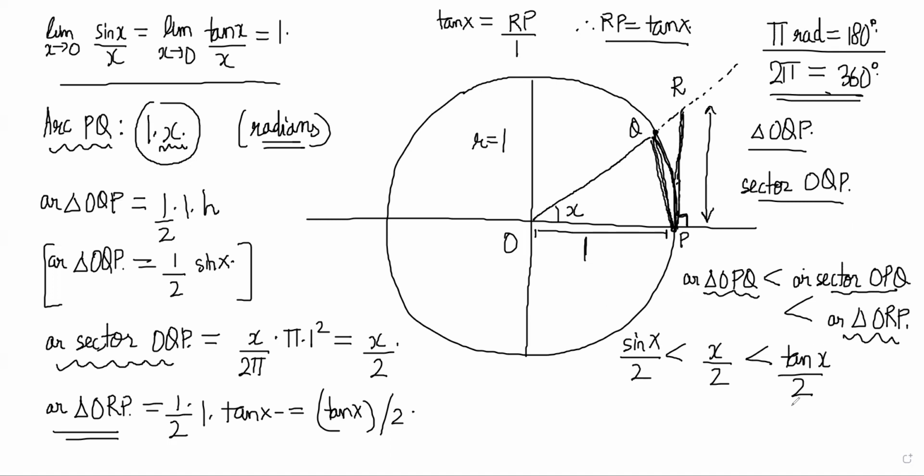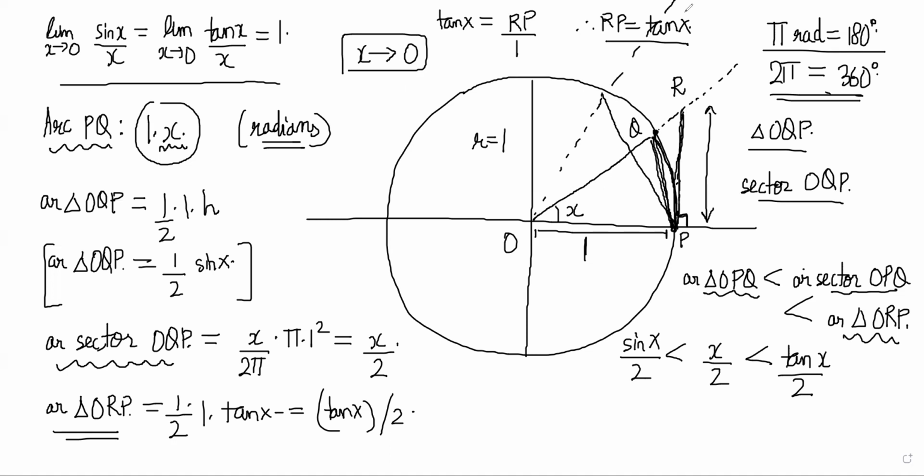Yes, sir. Now think about a situation where the angle x is made close to 0. Angle x is being reduced and reduced close to 0, right? Now, before thinking about that, if the angle is made bigger, don't you see that the difference in the areas is becoming more?